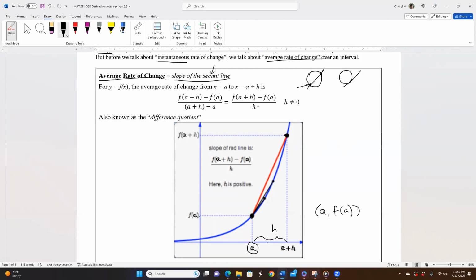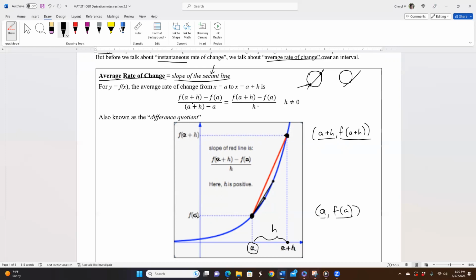Similarly, if I move over h units to the right to this point, then at this point, my x value is a plus h, and the y value is f of a plus h, the function value at a plus h. Now, to find the slope, we're going to use the slope formula, which says take y minus y, so f of a plus h minus f of a, over x minus x, which would be a plus h minus a.